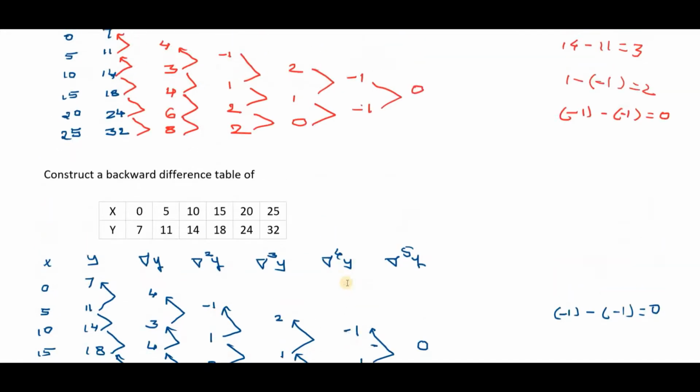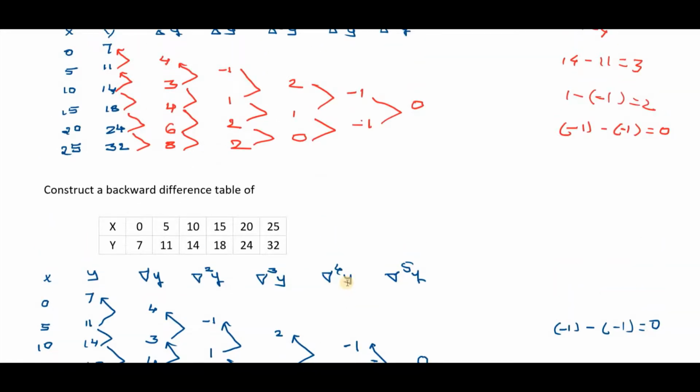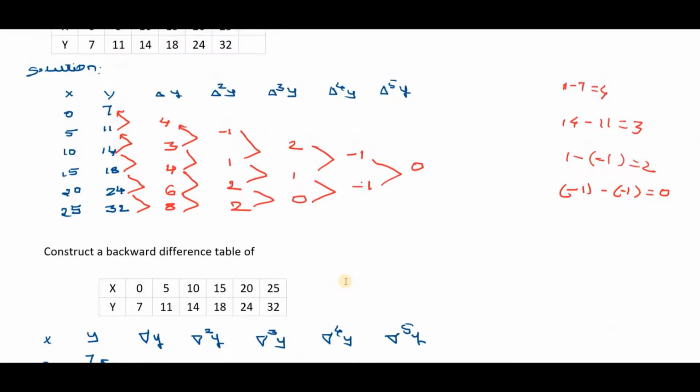If you see the first one here and here, both the values are the same, whereas they only differ in notation: in the forward difference table we denote it as delta y, whereas in the backward difference table we denote it as del y. So this is the difference between the forward difference table and the backward difference table.